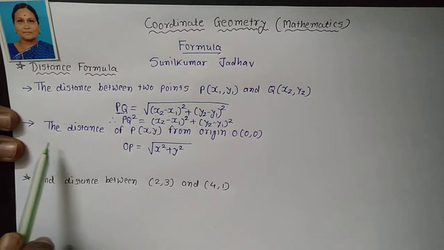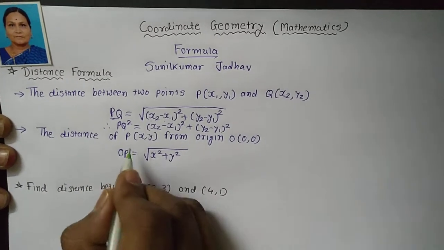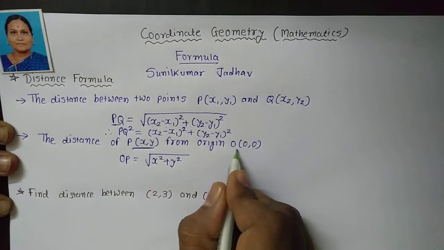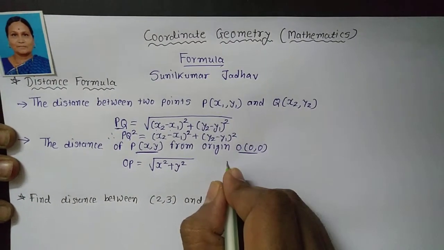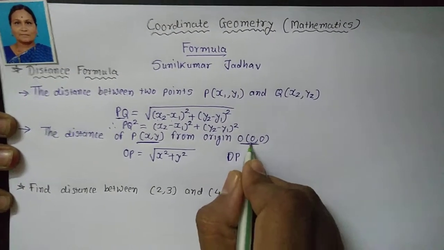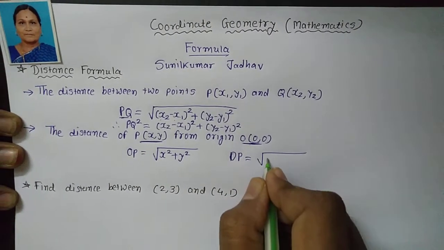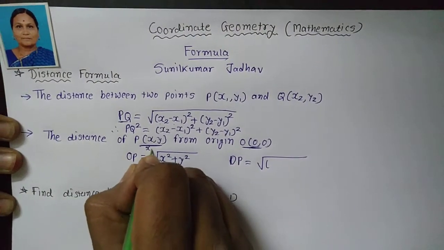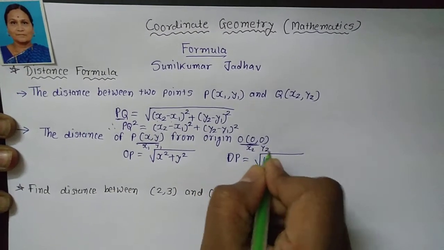Say for example, another formula: suppose we need to find the distance of a point P (x, y) from the origin. We know the coordinates of the origin are 0, 0. So as per this formula, let us find OP. The coordinates of O are 0, 0, so OP is equal to the under root of... let me consider this as x1 and y1, and this one as x2 and y2.